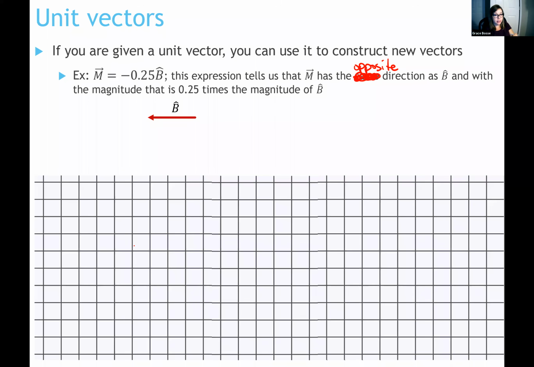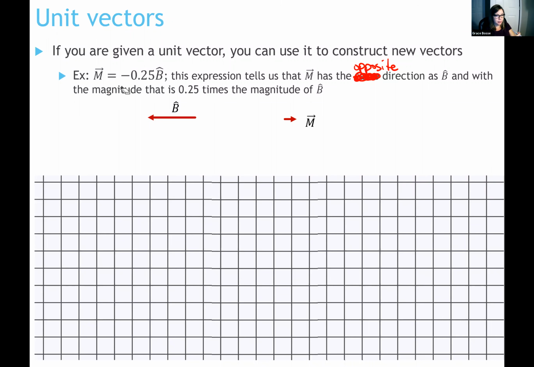The negative tells us that it should point in the opposite direction as b hat. And the 0.25 tells us that it should be 0.25 times the length of b hat. 0.25 is the same as a quarter. So maybe that'll help you do this a little bit faster: vector m is a quarter as long as vector b, and it points in the opposite direction. So vector m looks something like this. It's 1/4 the length of b hat, and it's in the opposite direction because of that negative sign.